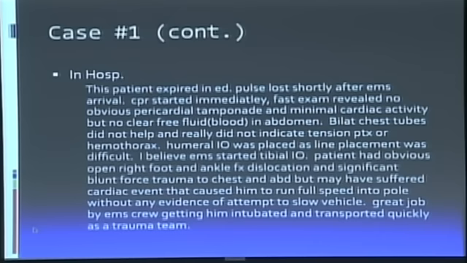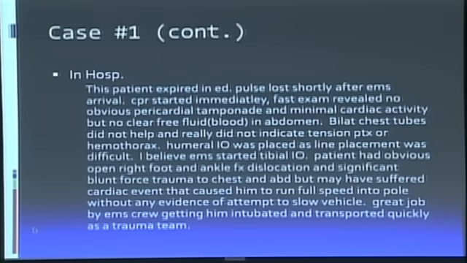And patient obviously had at the scene an open right foot ankle dislocation as a manifestation of the severity of the impact, as well as the intrusion on the vehicle.